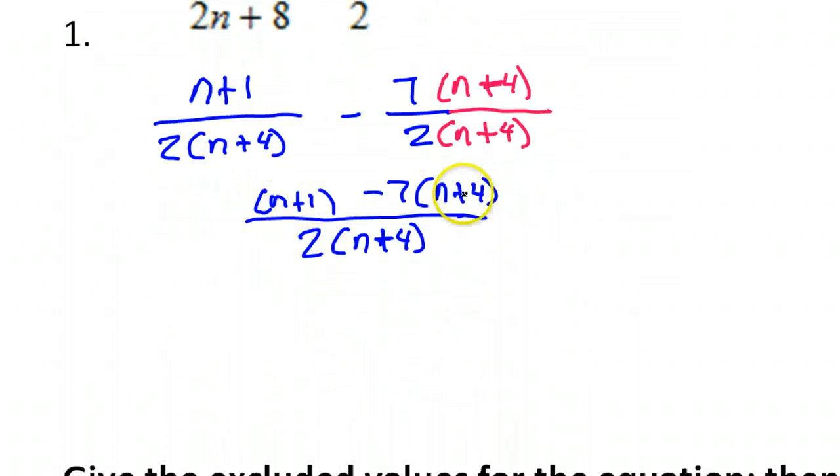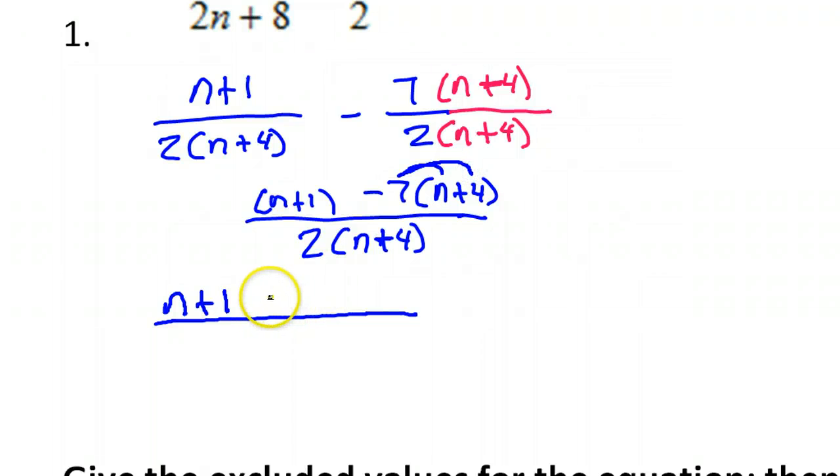So now we'll just simplify this. There's nothing in front of these parentheses, so I can just erase them, and this becomes n plus 1. But this -7 is going to have to be distributed, so that will be -7n minus 28. I'm just going to leave this as 2 times n plus 4 for now.